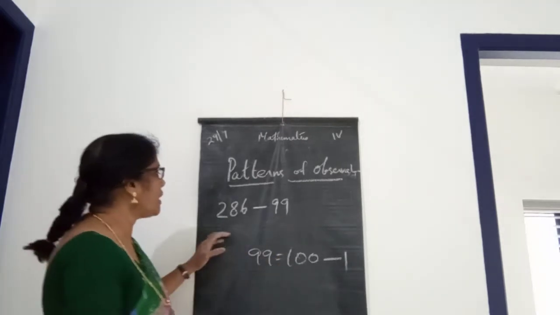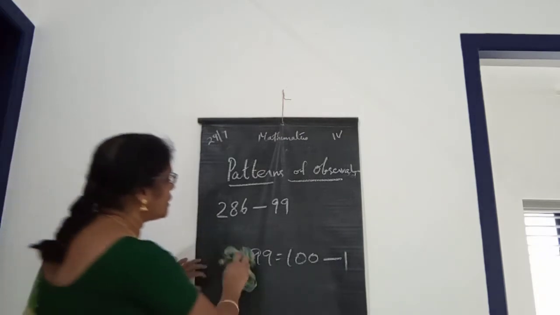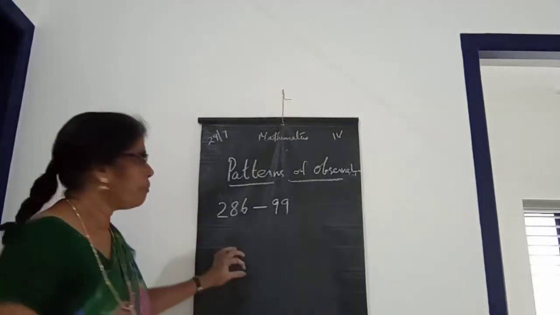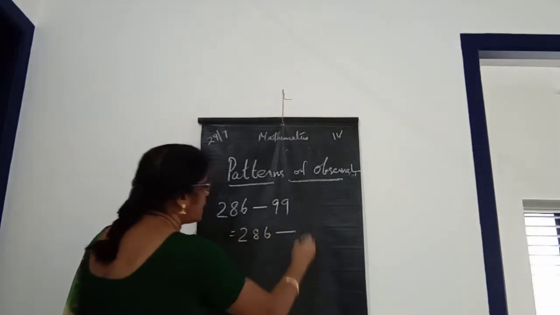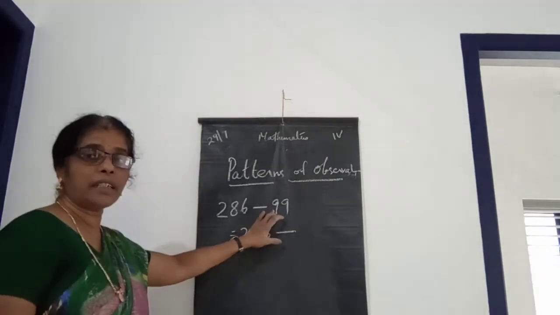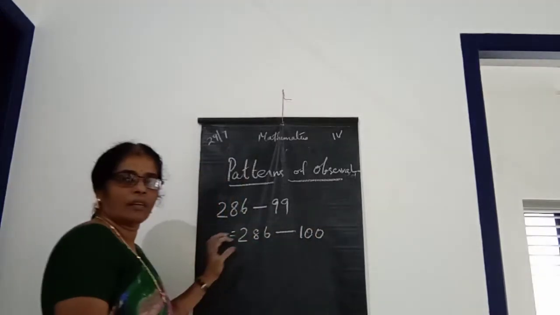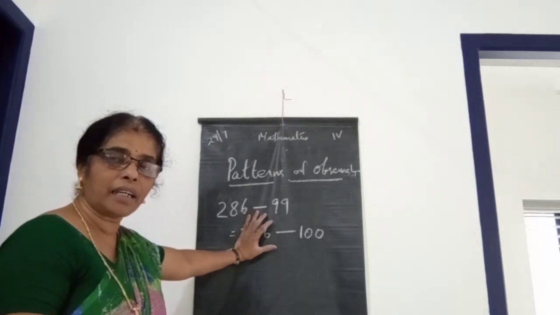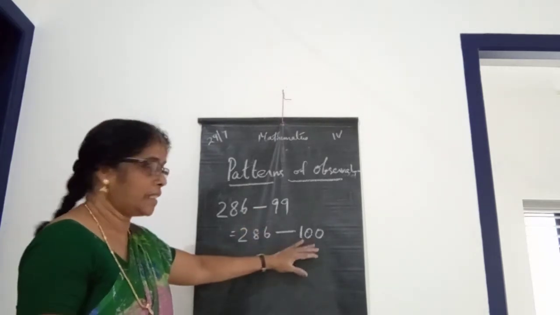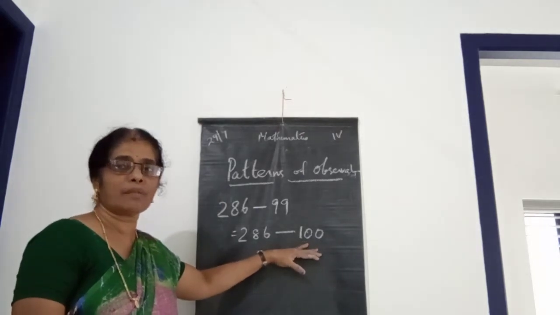So 286 minus 99 is equal to 286 minus, instead of 99 you can subtract 100. But if you subtract 100, that is 1 more, isn't it?